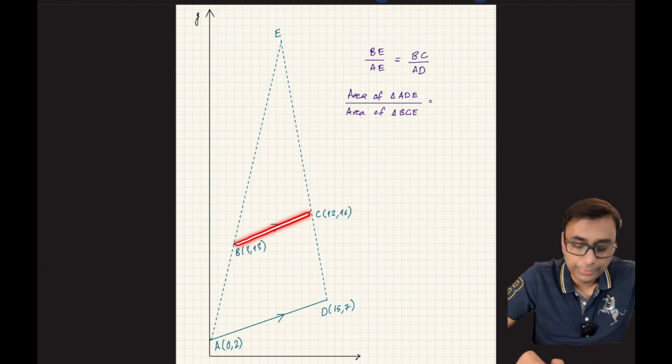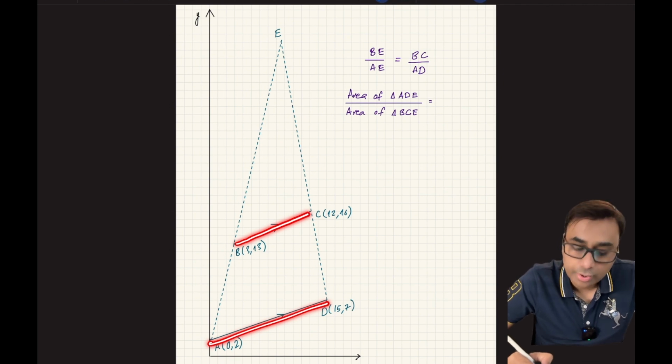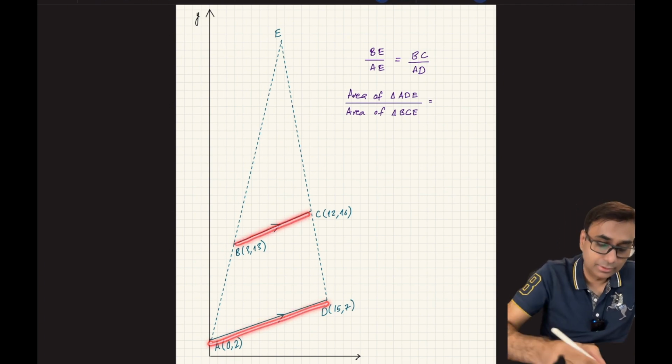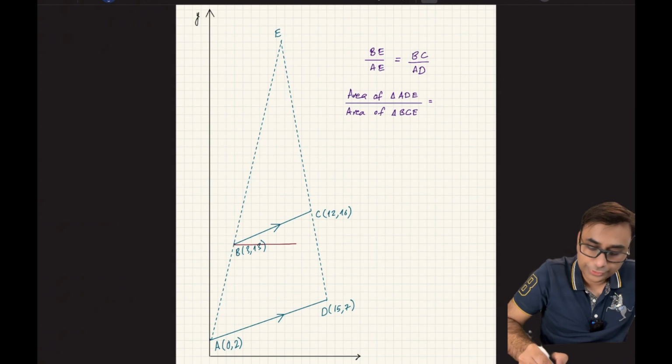I'll find the length BC, I'll find the length AD, and I can divide them and I can get my answer directly. But there is also even a shorter way of achieving this, and that is by using the line segment BC, you can make a horizontal and vertical line. And similarly, by using the line segment AD, you can again draw a horizontal and vertical line.